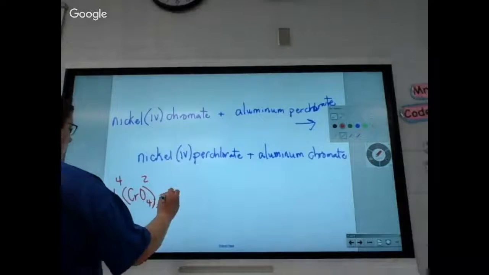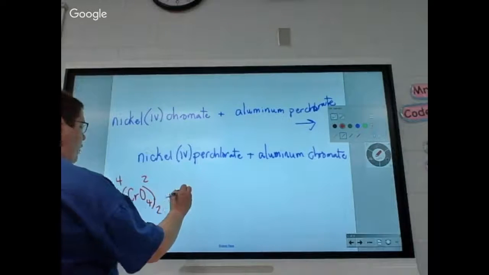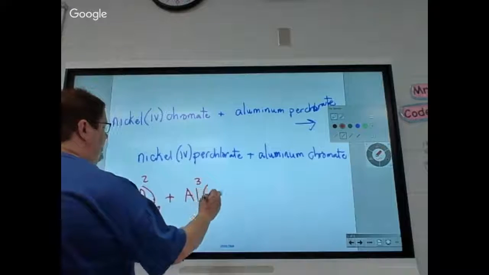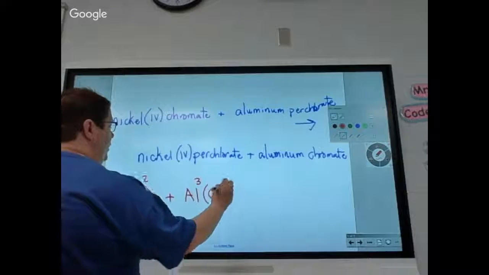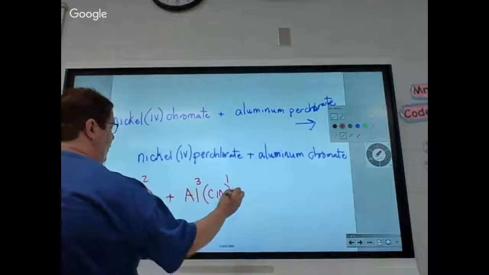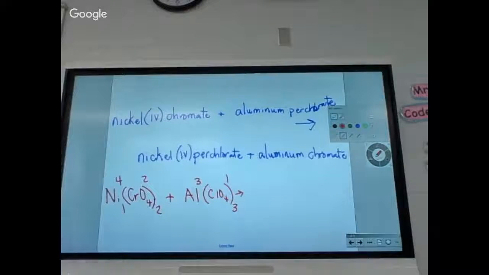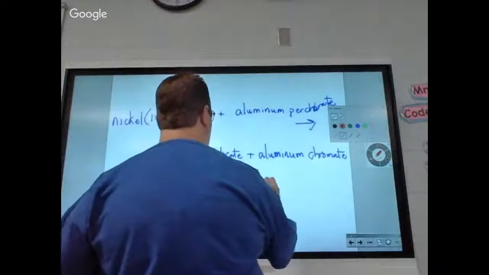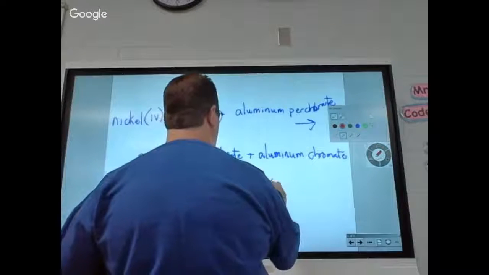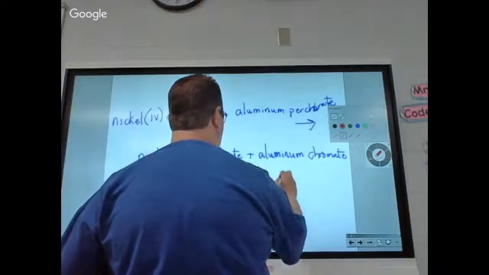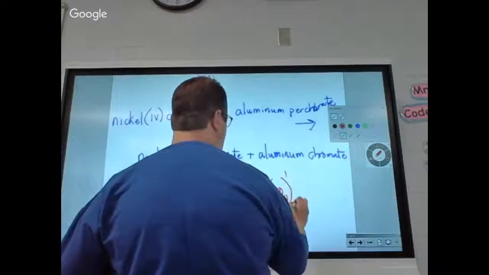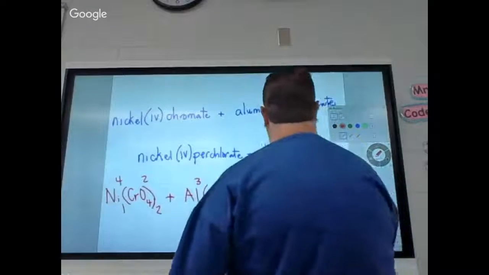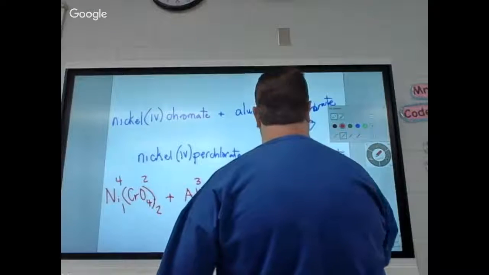All right? Plus, aluminum perchlorate. Aluminum has a 3. Perchlorate is ClO4 with a 1, so we're going to have a 3 there. Yields nickel 4 perchlorate. So nickel has a 4. Perchlorate is ClO4 with a 1, so we have a 4. Plus, aluminum has a 3.